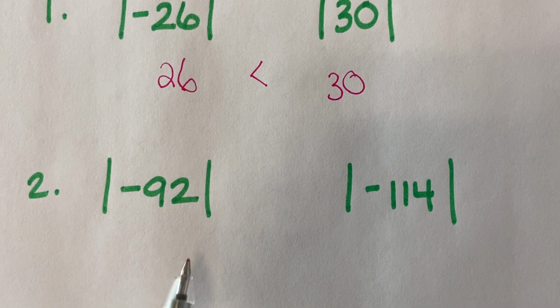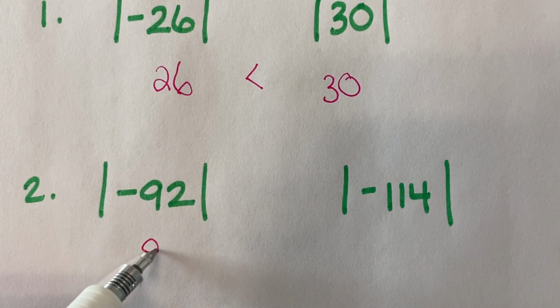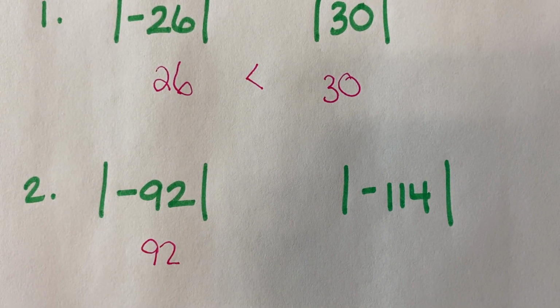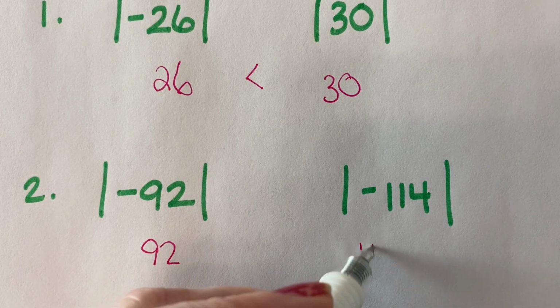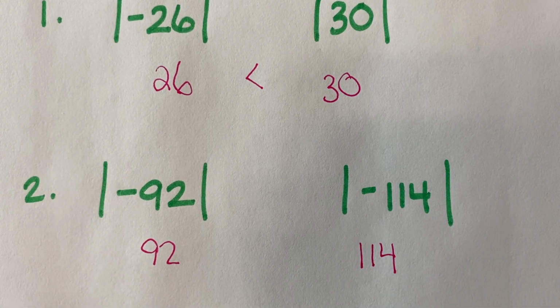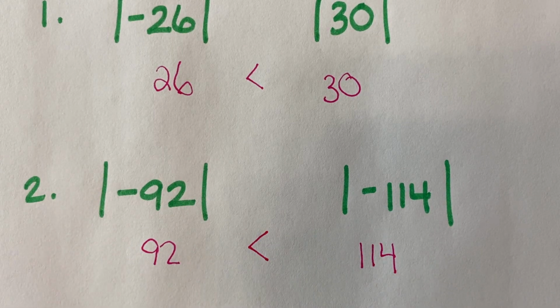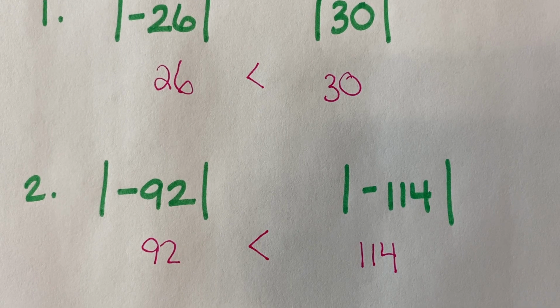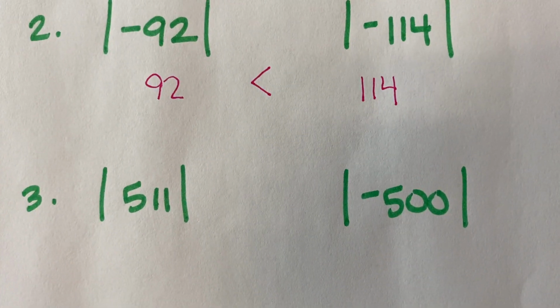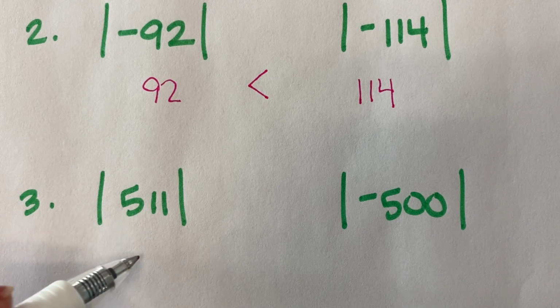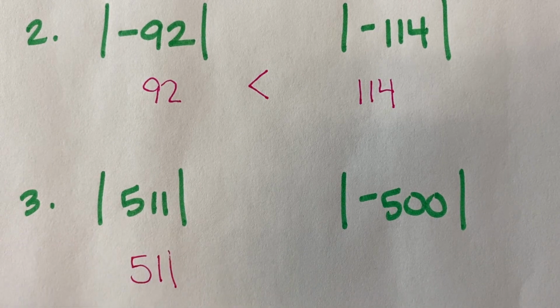Number 2. Absolute value of -92 is 92. Absolute value of -114 is 114. Are you noticing distance is always positive? 92 is less than 114. Number 3. Absolute value of 511 is 511.